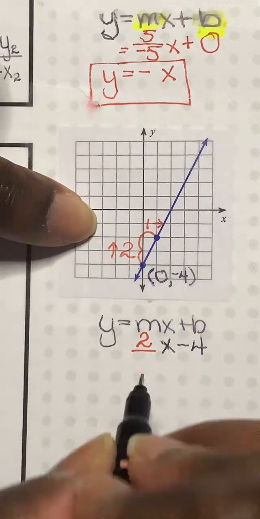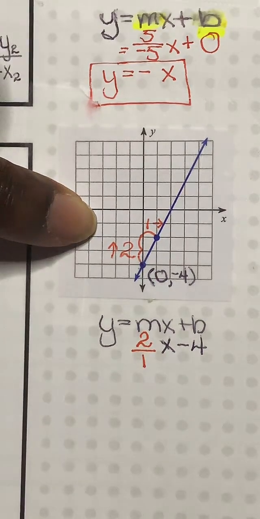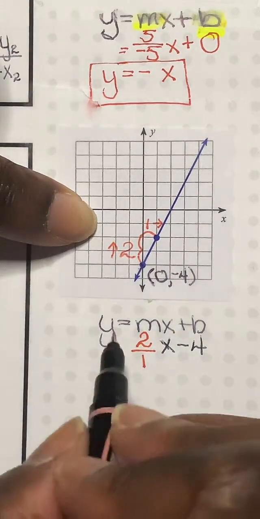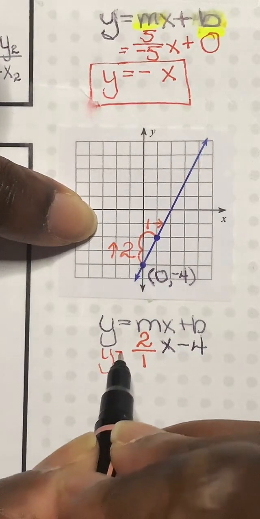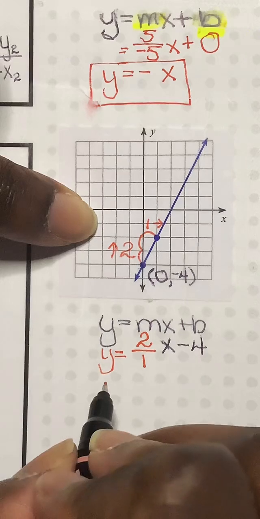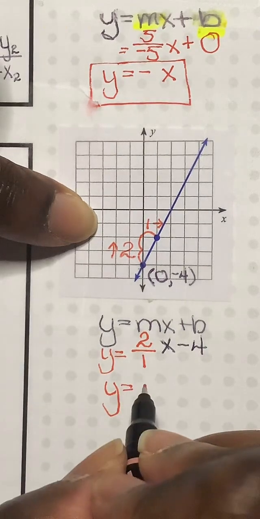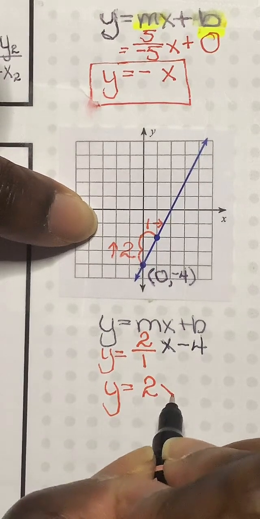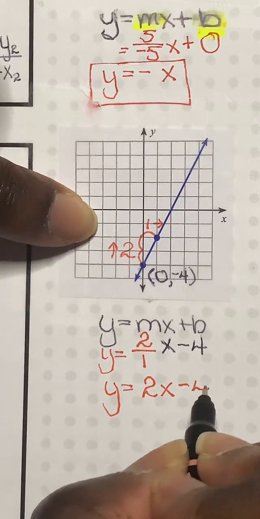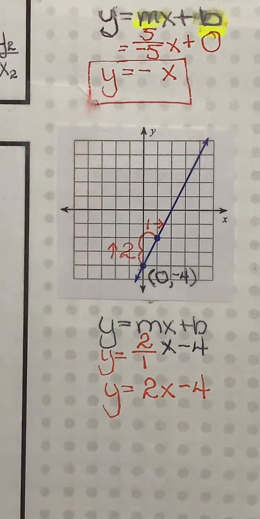and my run is 1, this can be either left as such, especially if you're graphing, but we can clean it up a little bit because 2 divided by 1 gives me 2. So we have 2x minus 4.